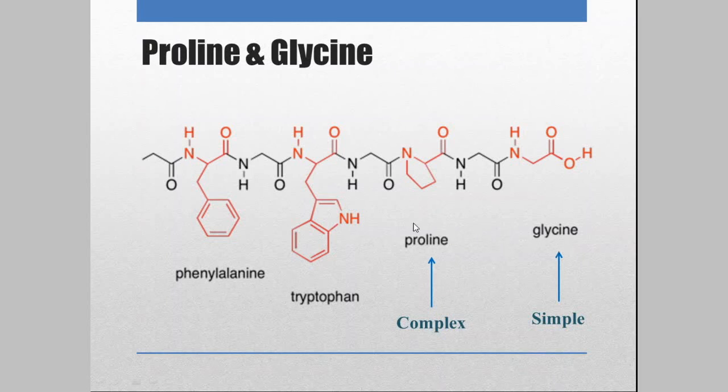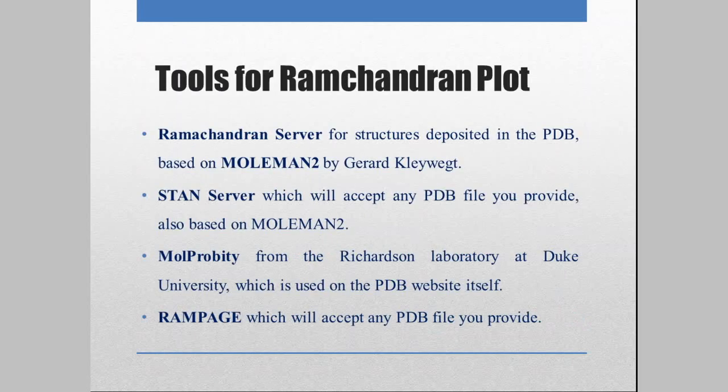Now coming to what we are going to do today. There are four tools in which you can carry out a Ramachandran plot: the Ramachandran server, the Stan server, MolProbity, and Rampage.